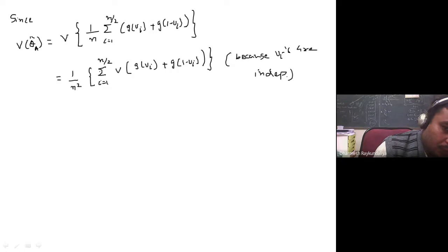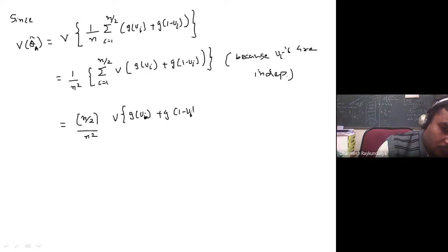Now here, there are n by 2 terms. Because the ui's are IID, lying between 0 and 1, we can write it as n by 2 times the variance of g of ui plus g of 1 minus ui. Instead of ui, I will write u. Why?